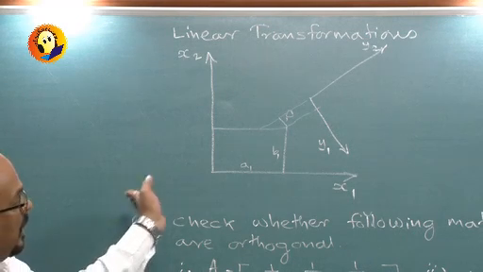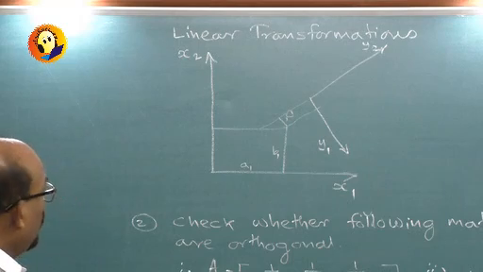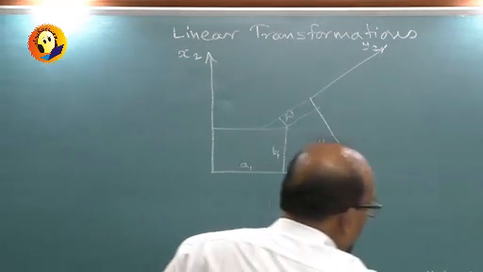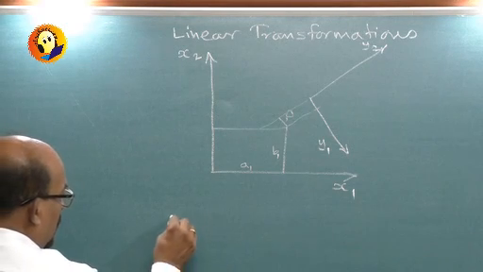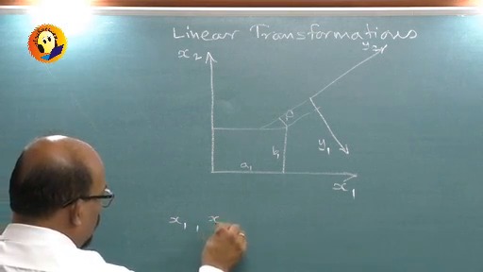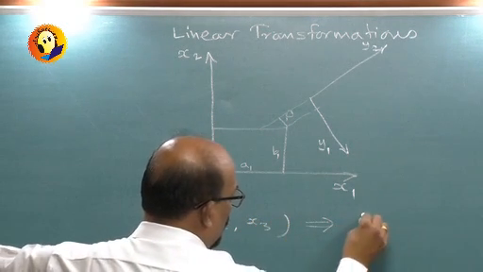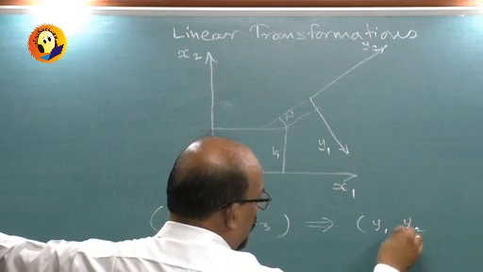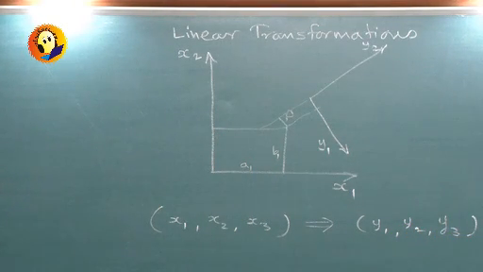Linear because the relation will be a single degree relation. What we are required to do is, given something like x1, x2, x3, it has to be mapped to y1, y2, y3, and there has to be some relation, and that relation is going to be the linear one.